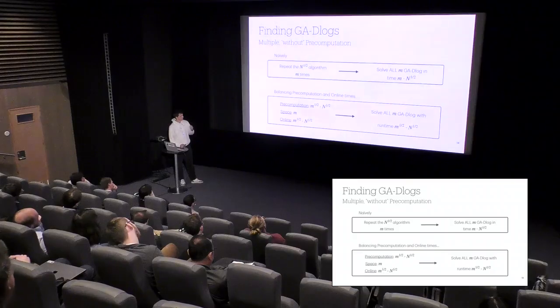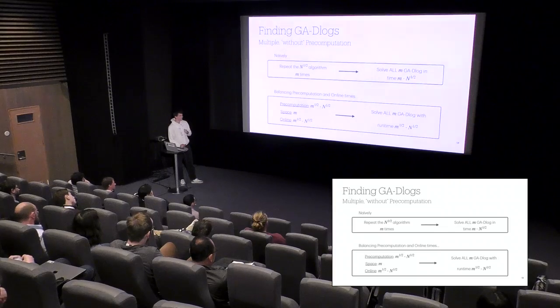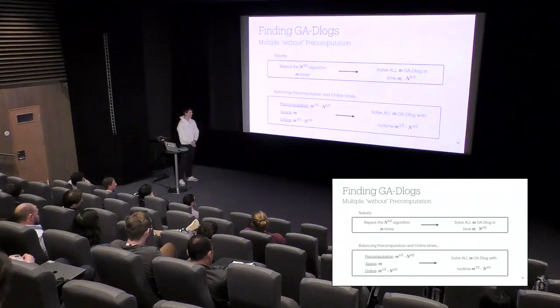And then what you will get is that the precomputation time is square root of m times n. The space is kind of optimal already because you have to store the instances anyway. And the online time is, again, as the precomputation time, square root of m times n.